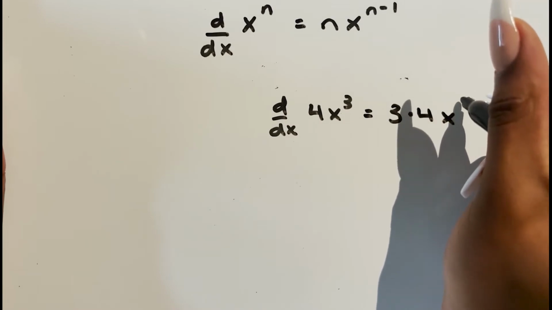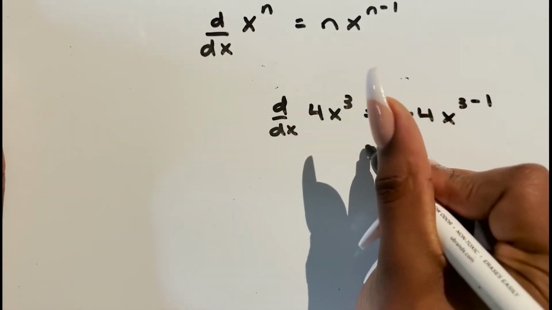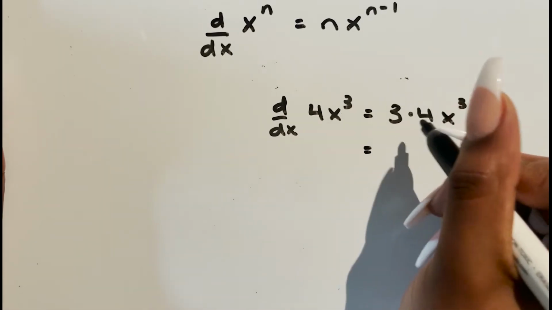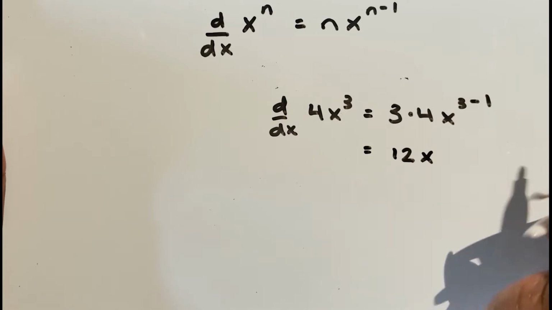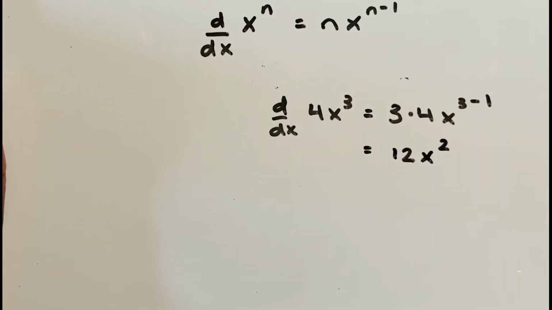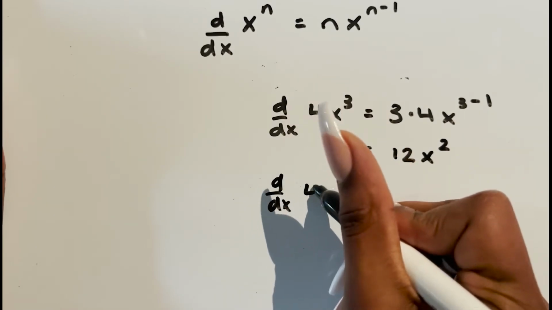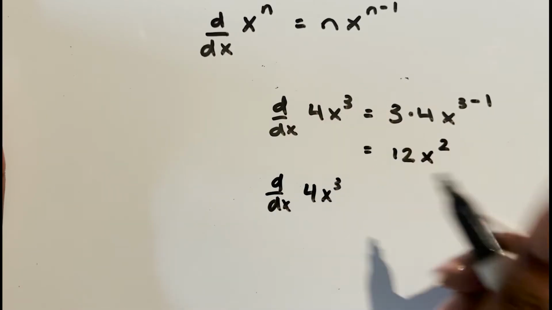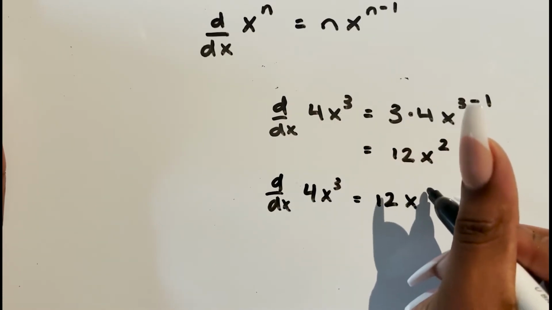And then in our exponent, we have 3 minus 1. Simplifying, 3 times 4 equals 12x. And then 3 minus 1 equals 2. So we see that the derivative of 4x cubed equals 12x squared.